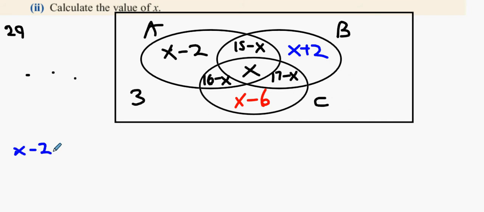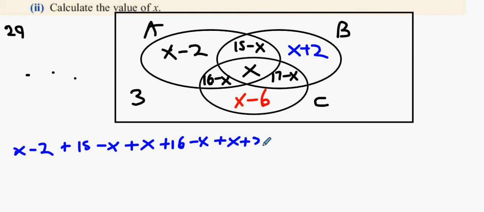So x minus 2 plus 15 minus x plus 16 minus x. That's 4 of them, isn't it? Then it's x plus 2. 17 will take away x. X minus 6 plus the 3 equals 55.